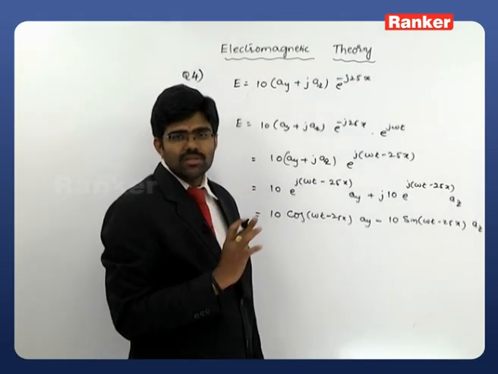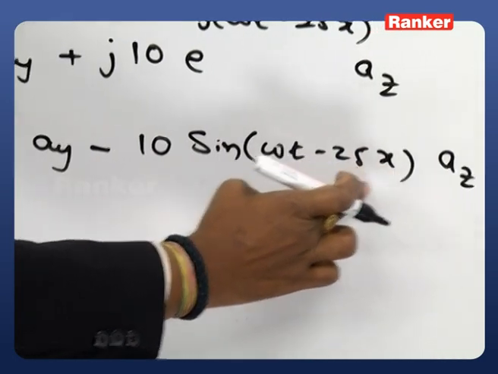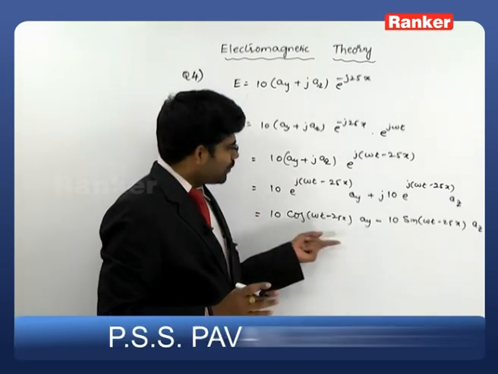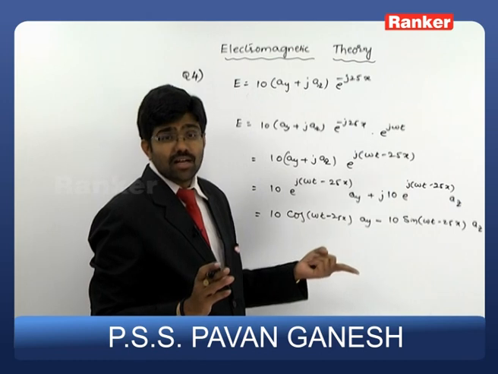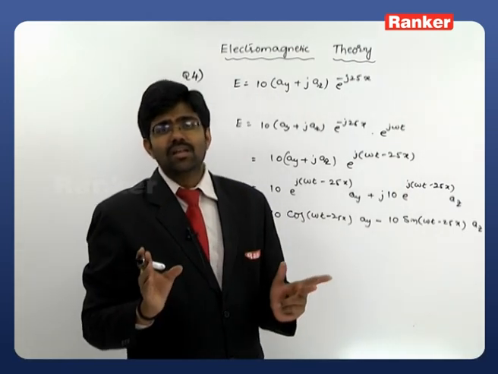So in the problem the data was given correctly. Clearly here also we can find a negative x, that is nothing but positive x direction it is traveling, right? So directly from this equation we can say that the wave is traveling in positive x direction, and it has two components, one along y direction, another along z direction.